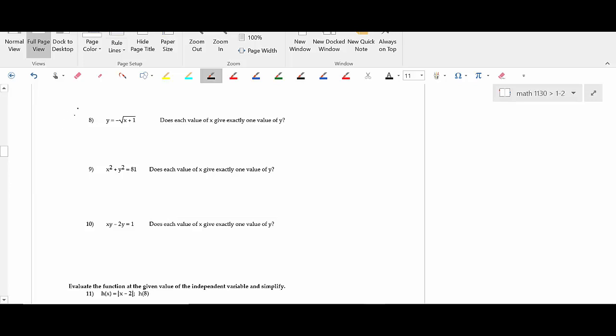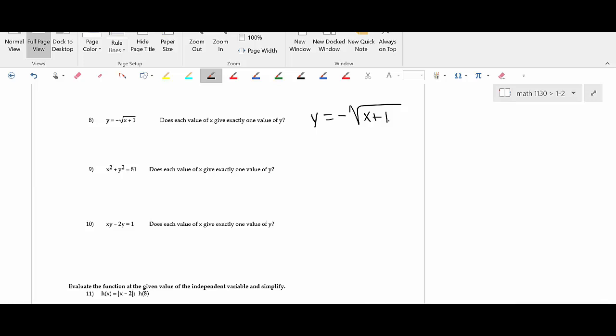Okay, this one's already solved for y. So we have y equals negative square root of x plus 1. Okay? The question is, if you pick something for x, how many answers do you get? 2. Oh, no, one. If you got 2, I want you to tell me what they are. Okay?